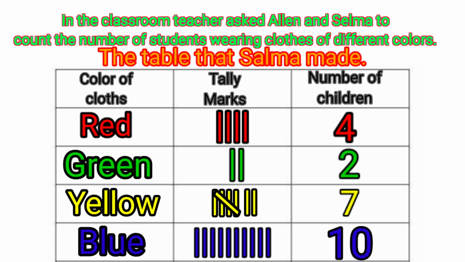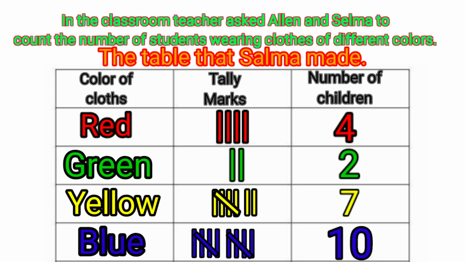The same will follow with the next row. 1, 2, 3, 4, 5, 6, 7, 8, 9 and 10. So this is how tally marks are useful to conduct data. And so it is said that tally marks are counted in groups of fives.